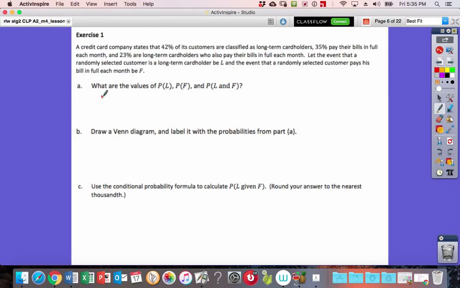I'm going to find out the probability of L, the probability of F, and the probability of L and F. Okay, a credit card company states that 42% of its customers are classified as long-term cardholders. They're going to do that as an L. The probability of L is equal to 0.42. And let me get my other notes out.